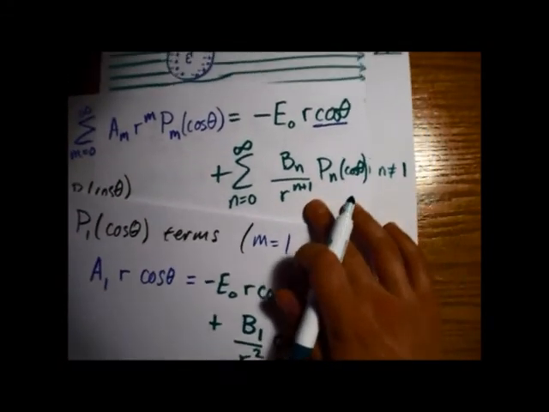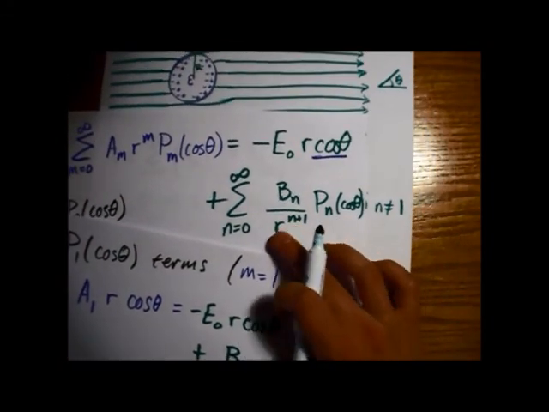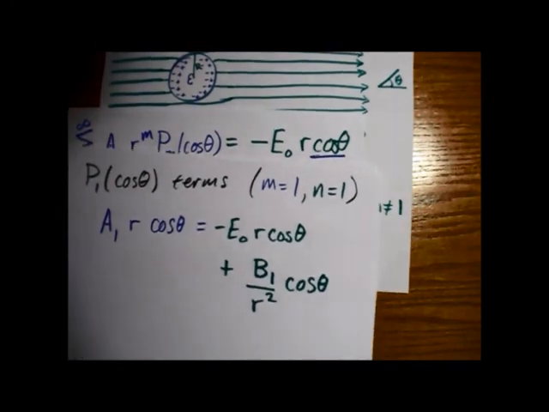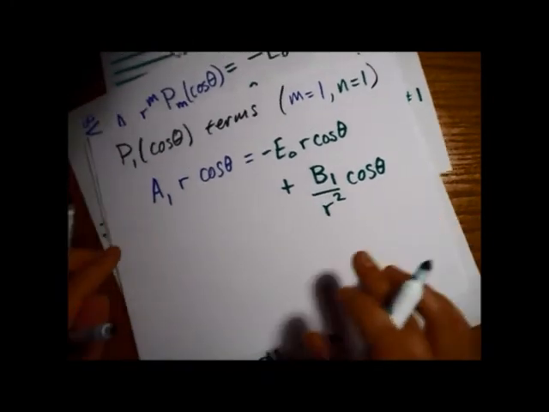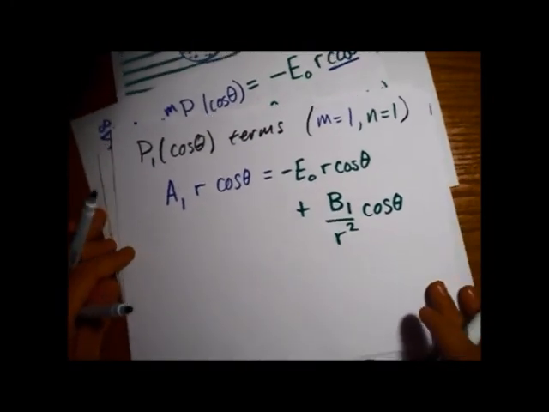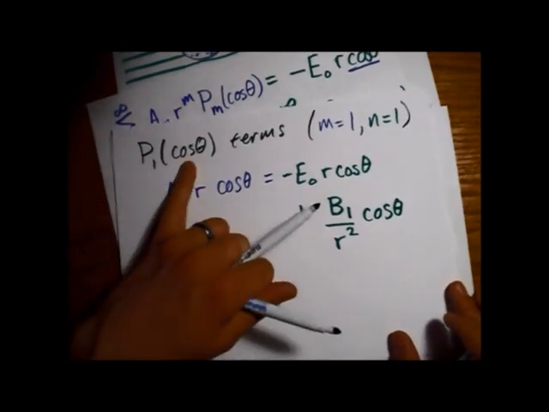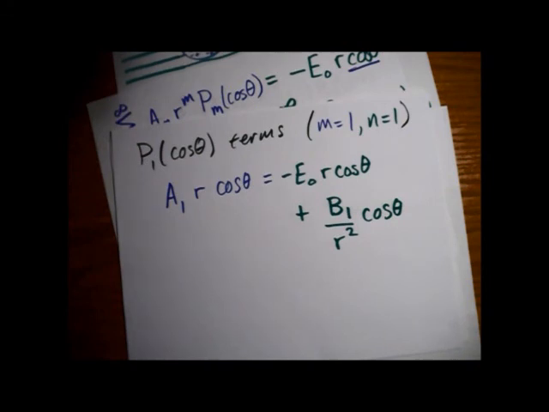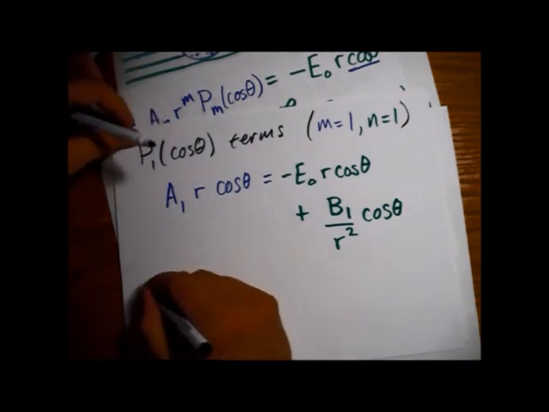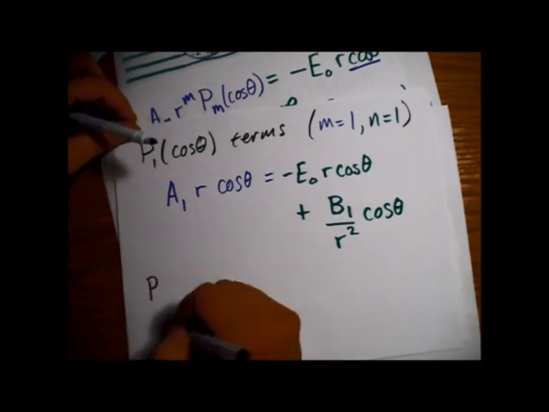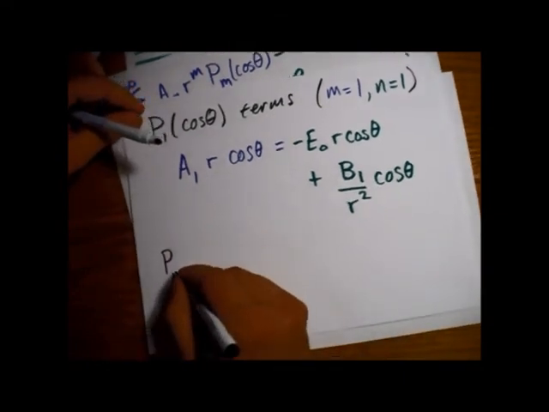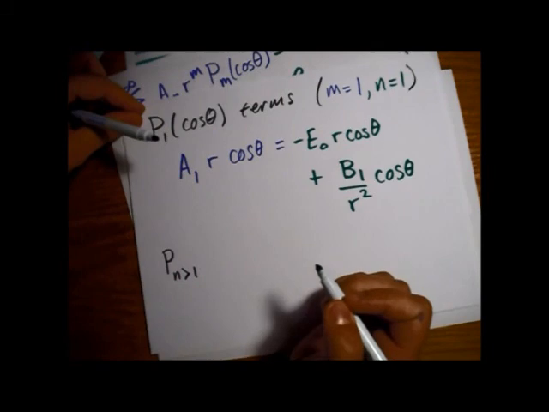All right, so I just used an n equals 1 here, so r squared would be 1. All right, so this is our equation for these first order Legendre polynomials. All right, P sub n greater than 1.